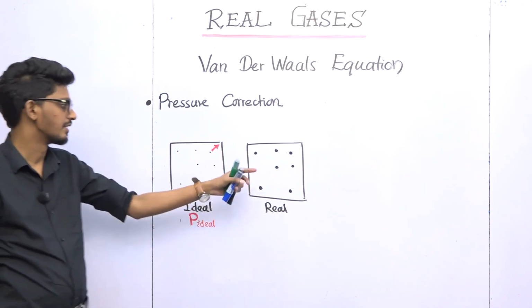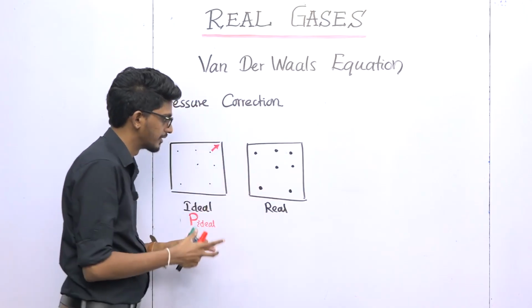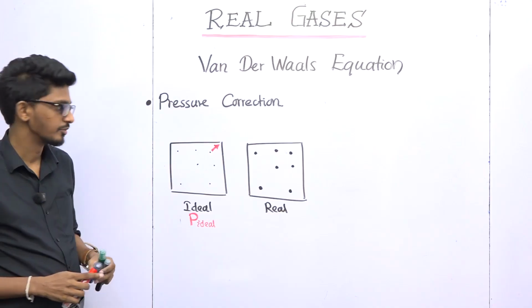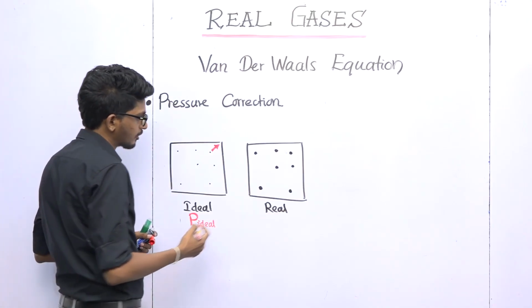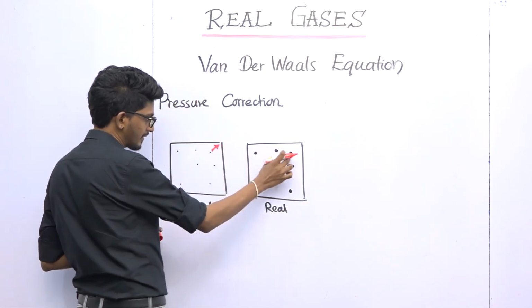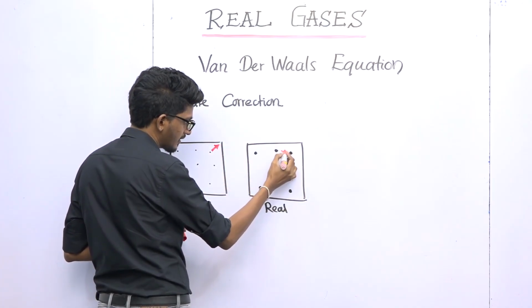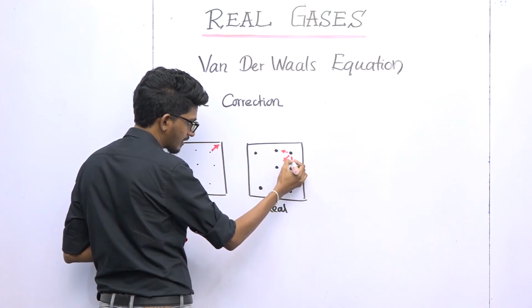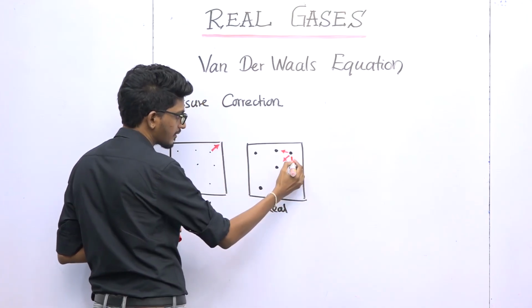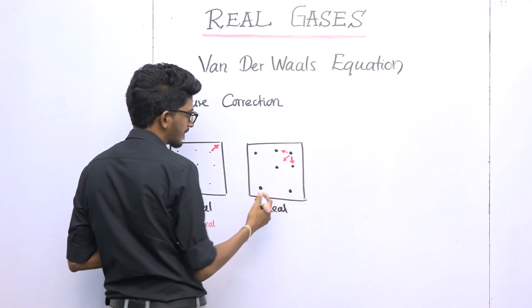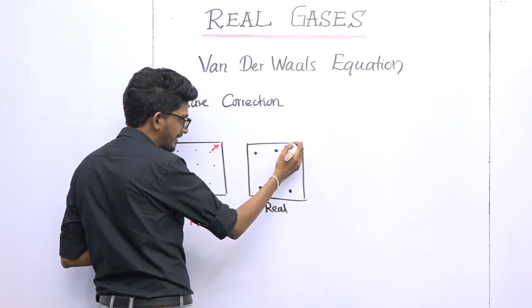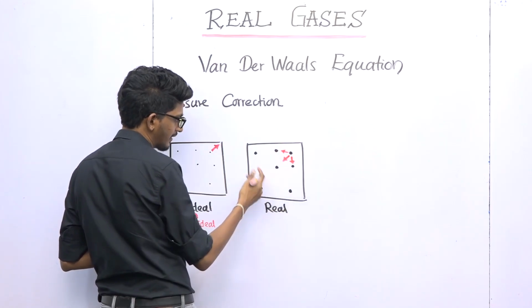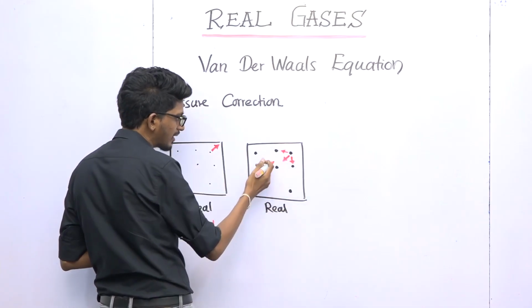But when it comes to real gases, at these low pressures the attractive forces predominate. So what will happen? Considering this same molecule, it will attract towards other particles, which in another way means it will be dragged by the other particles.